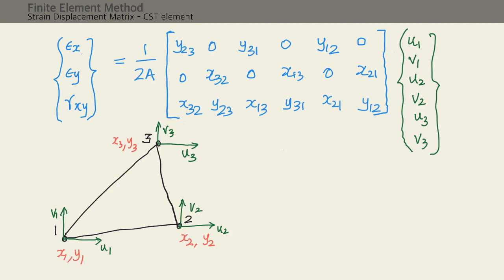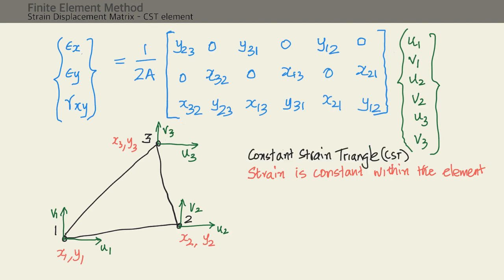Therefore, we will have a constant value for strain anywhere within the element. That is why this element is known as a constant strain triangle.